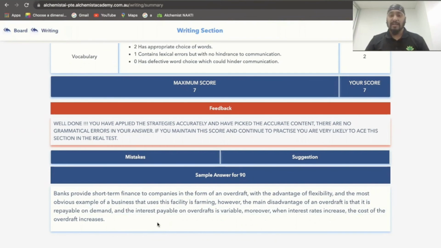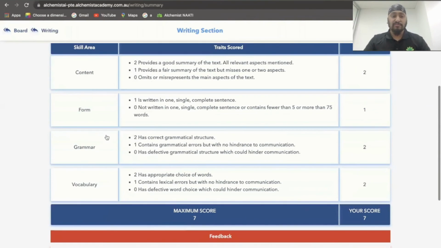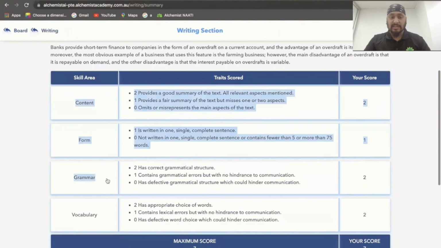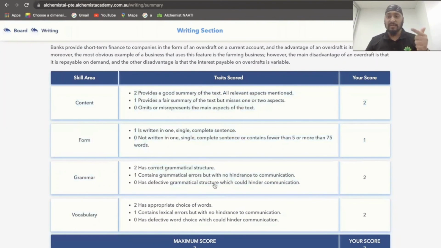So if you have any confusion, you can always practice the summaries and see for yourself where you are lacking, what the differences are. Alchemist AI uses exactly the same criteria that's mentioned by Pearson, the 4 components, which are content, form, grammar, and vocabulary. So we do mark you on these sections. Make sure that when you're doing your summaries, you do it very carefully, and you should not take a very long time to finalize your summary.